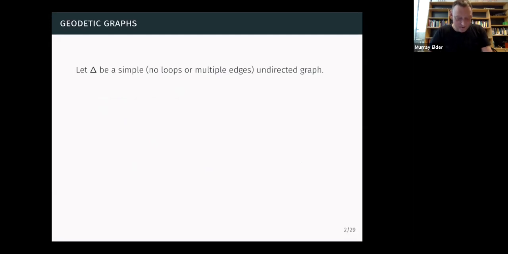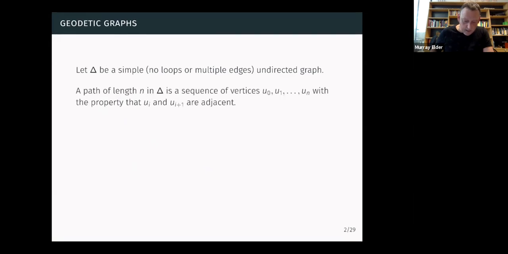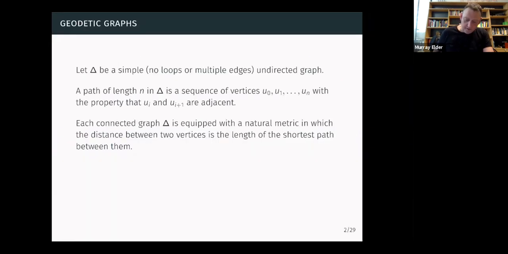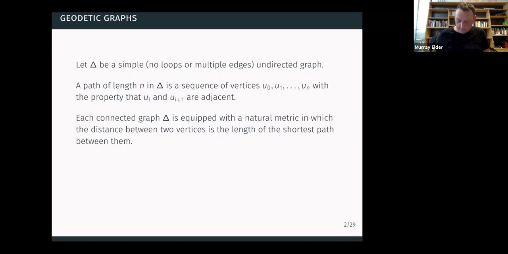Geodetic graph. So delta is a simple undirected graph. And a path in this work, we're going to consider a path in this graph to be a sequence of vertices, which we might visualize by a path like that, U0 up to Un of length n. So every connected graph, just like a Cayley graph is connected, is equipped with a natural metric where the distance between two vertices is the shortest path connecting them.